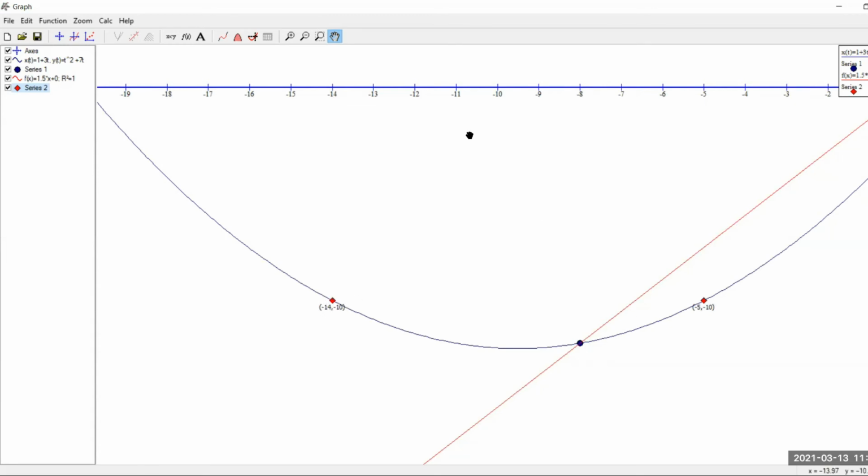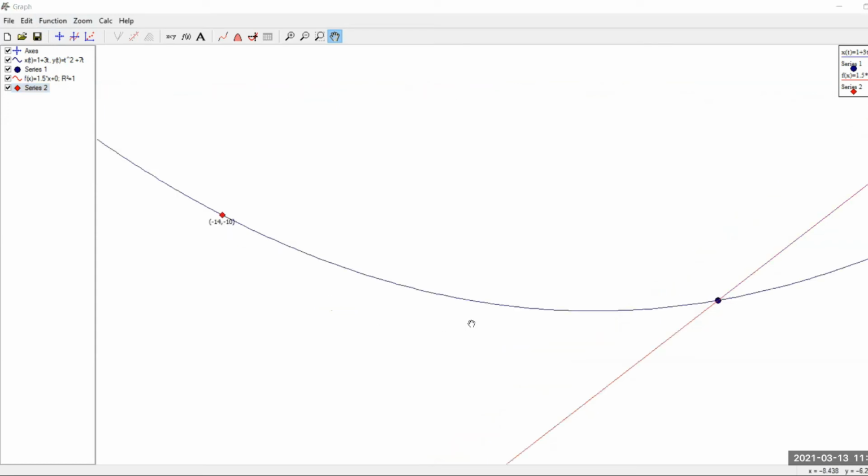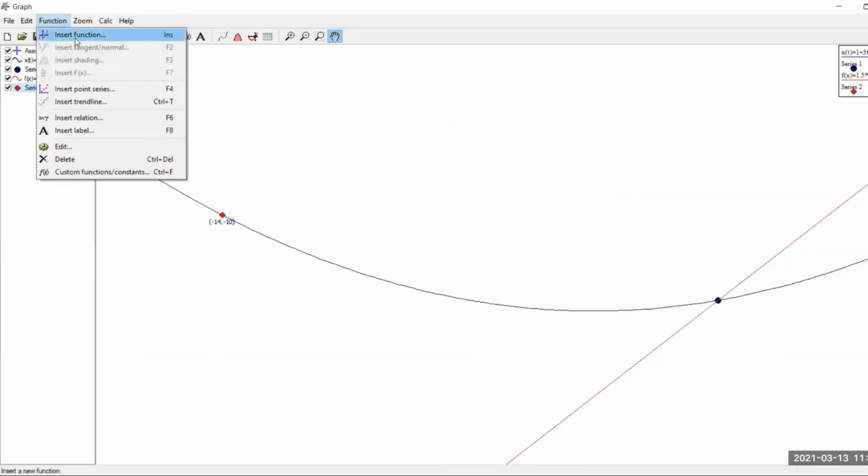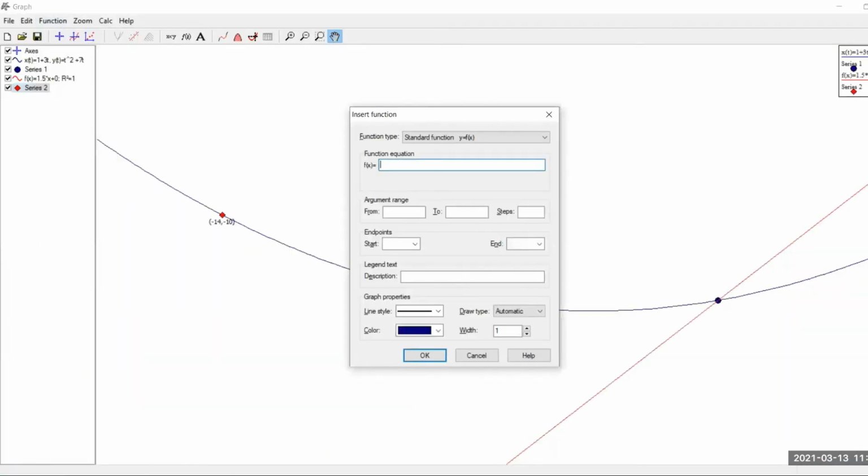Now we're going to draw the tangents passing through these points, and let's insert the tangents. Let's look back at the tangents we found. The equations of our tangents were y equals x minus 5 and y equals minus x minus 24. So let's plug those in. Insert the function y equals x minus 5.